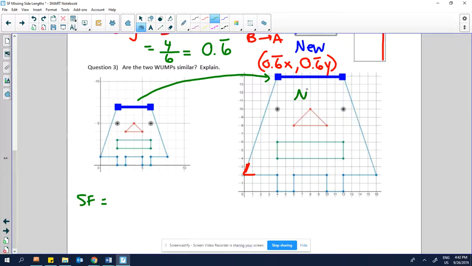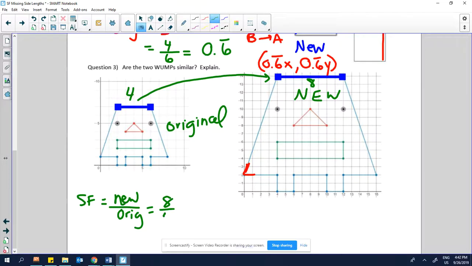This is my new, because that's where the arrow lands. This is my original. New divided by original. Okay, figure out what that scale factor is. If this is 8, and this is 4. 8 divided by 4, that scale factor is 2.